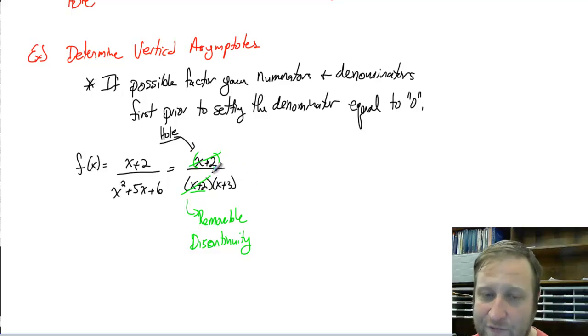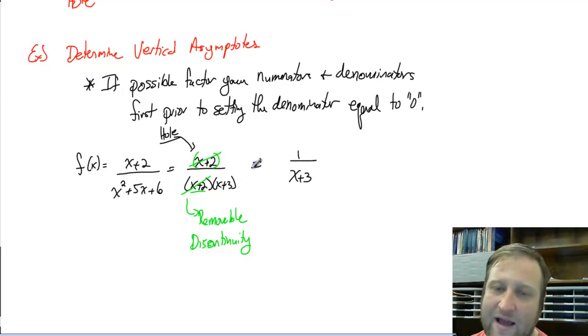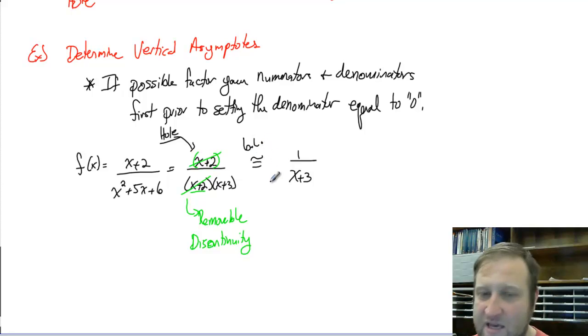But be careful. When I cancel out a term, these are no longer equal to each other. I can't just say that's 1 / (x + 3). I know some faculty, for the sake of purpose, might just say they're equal. I say that this behaves like, or you can say it's approximately equal. They are equal at every single point except when x = -2.